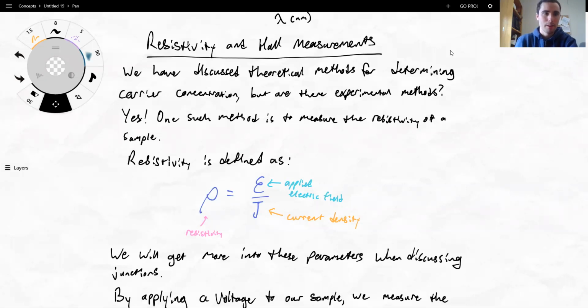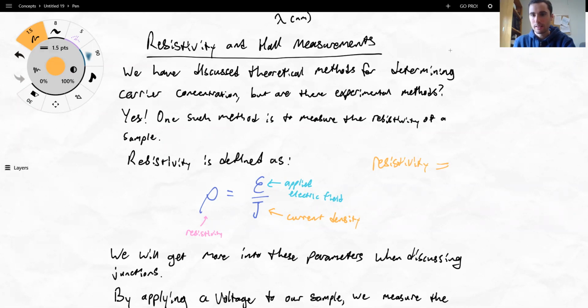Now, it's important to note that resistivity is not the same as resistance. Think of it as like a resistance density, right? Because if you were to take a sample, let's say like a wire, so I've just got a wire here.